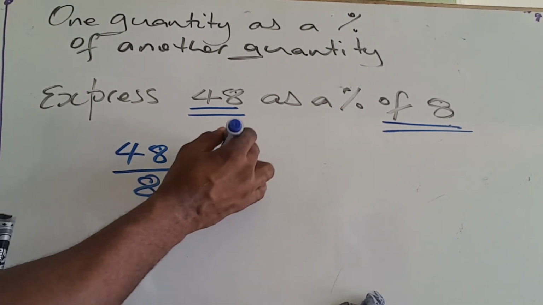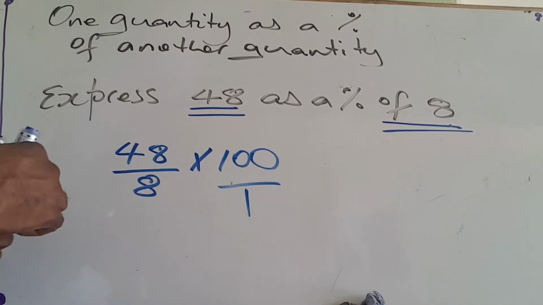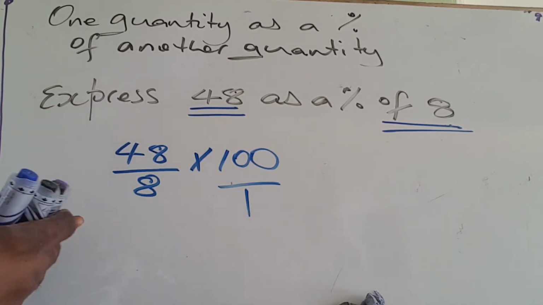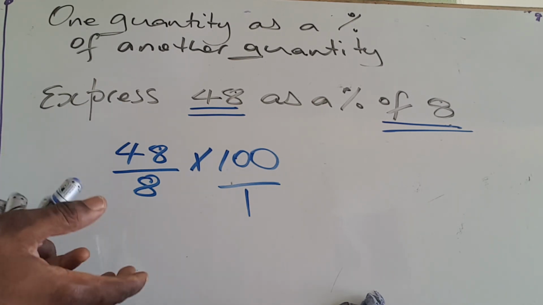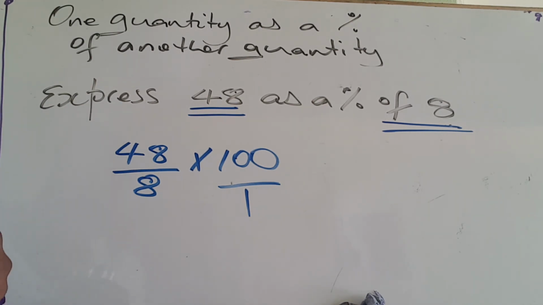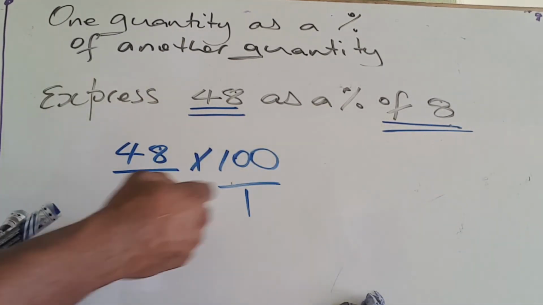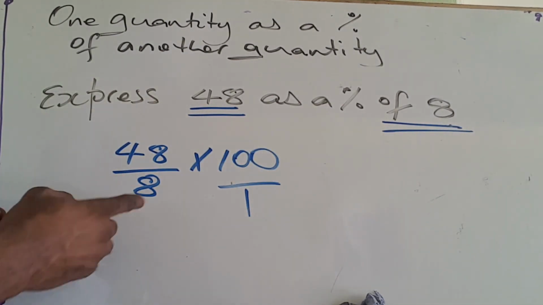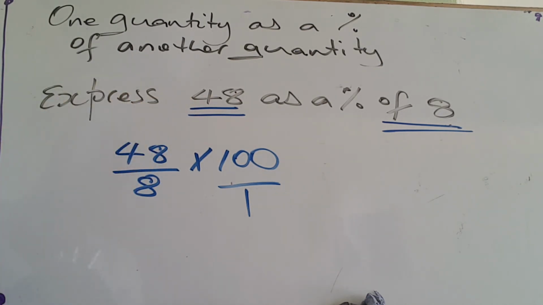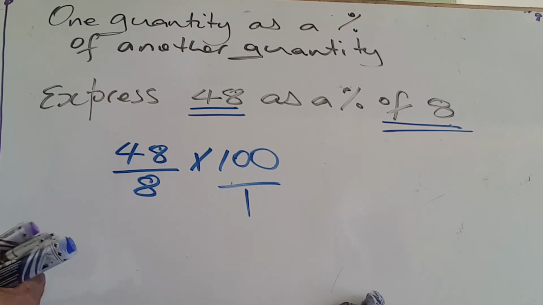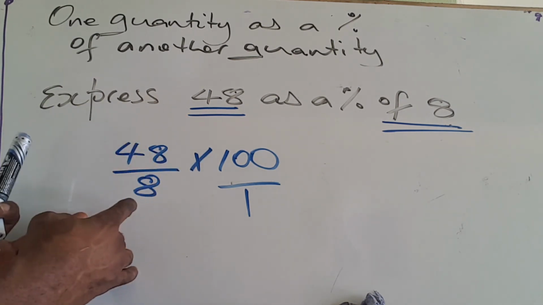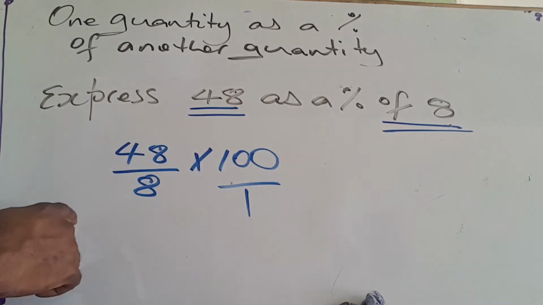So times 100, because yes, the 48 is bigger, but this happens a lot of times. So every now and then, your percentage can go over 100 depending on the case. Because what if I had bought something for $8, but I sold it for $48? I actually sold it for a lot more percentage than just 100. So yes, we can express things like this. It's just the narrative that we have to follow.